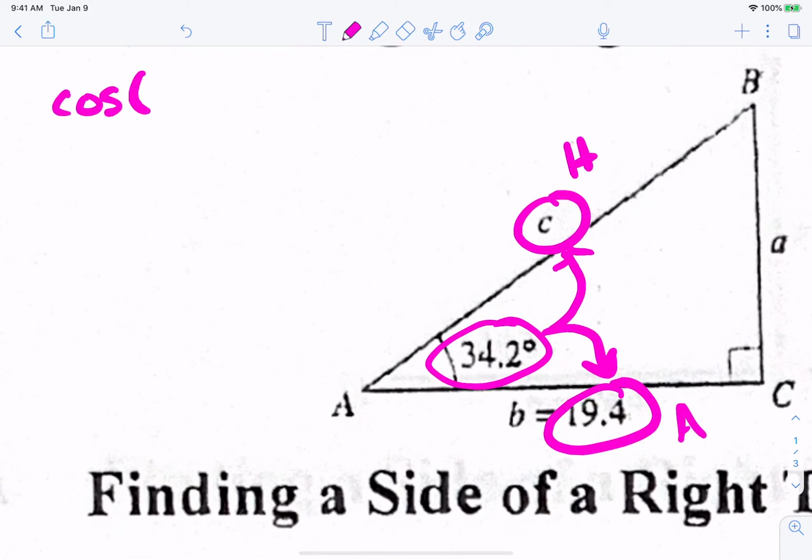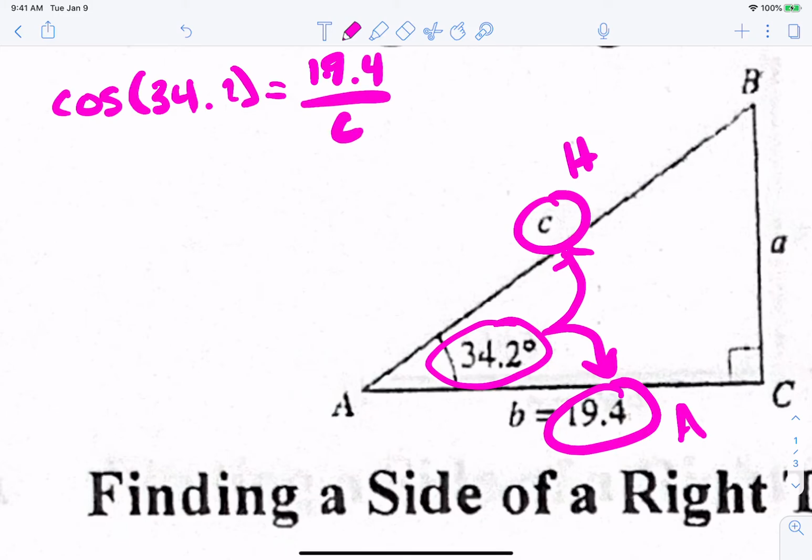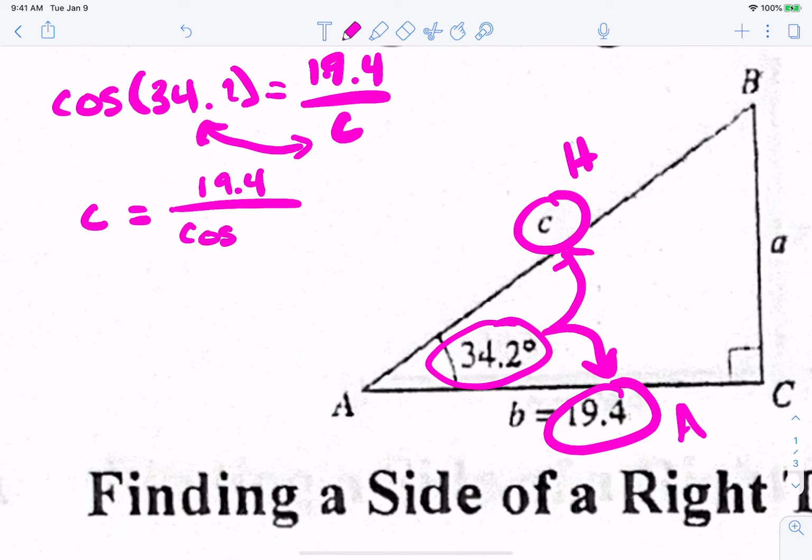Cosine of 34.2 equals 19.4 over x, or 19.4 over c. Here's the tricky part: since your c is on the bottom, do you remember what you do? You flip the two, so c and the cosine flip with each other. So c is equal to 19.4 over cosine of 34.2. Do you remember doing that? Yeah? Okay. So divide those out, and then you'll get lowercase c.